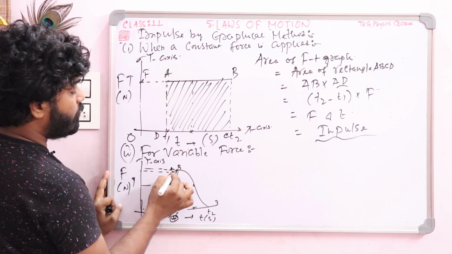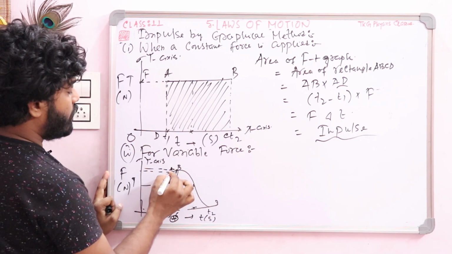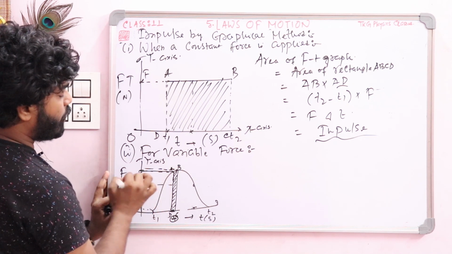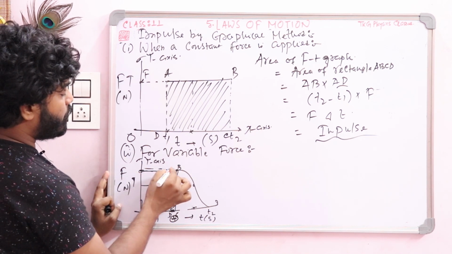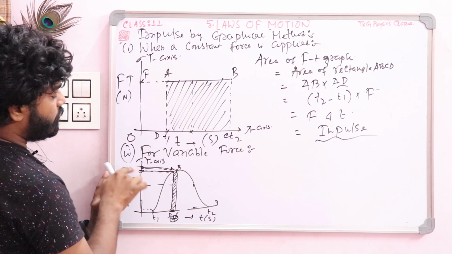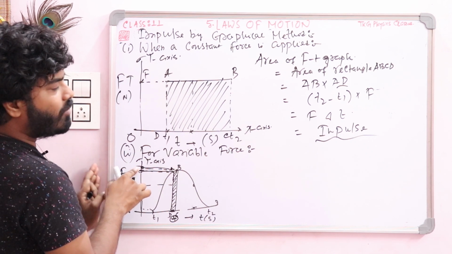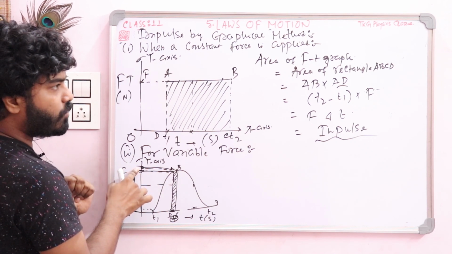So when we take the average between A and B, the force at point A and at point B are nearly equal, so the average remains constant like this.